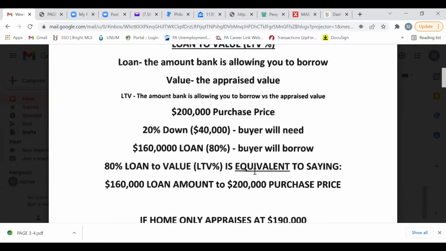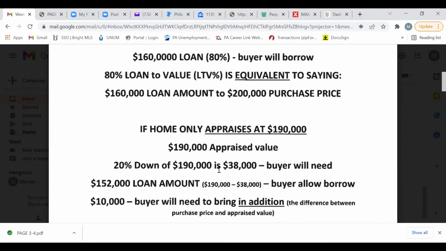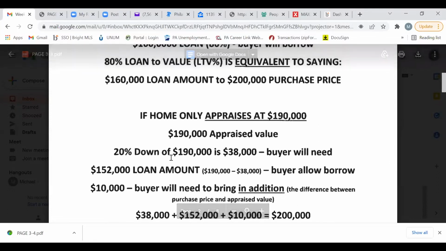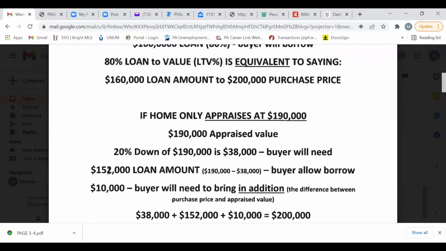So what happens if this $200,000 home only appraises at 190? Here's what happens. You get a $190,000 appraisal value. You still need 20% of that 190, and that is $38,000 the buyer will need to bring. The loan amount now went from 160 down to 152.